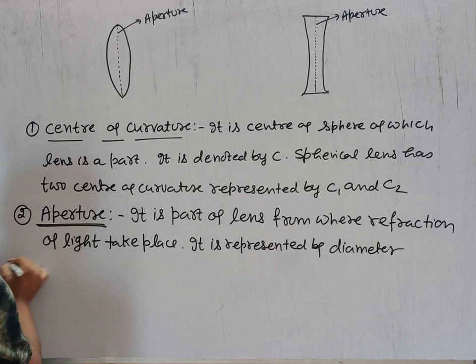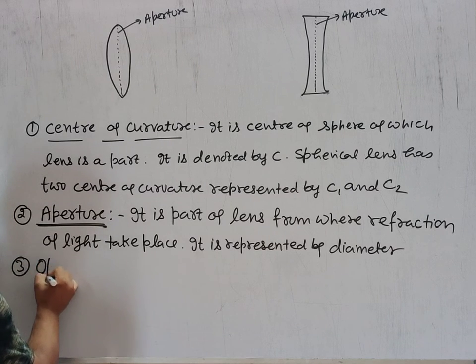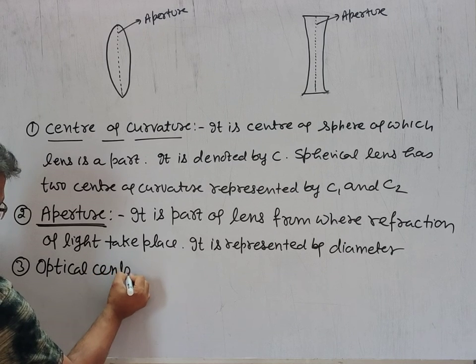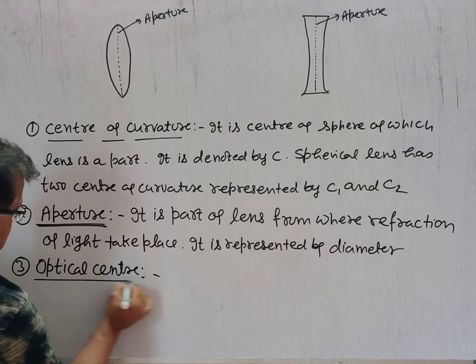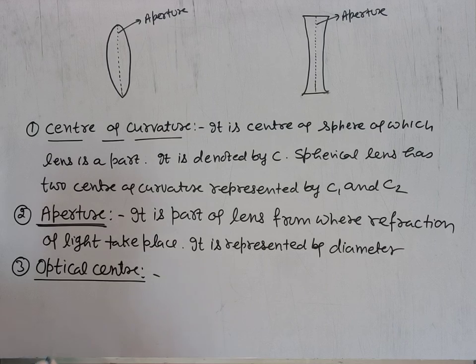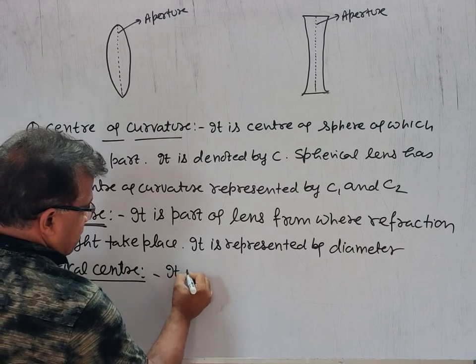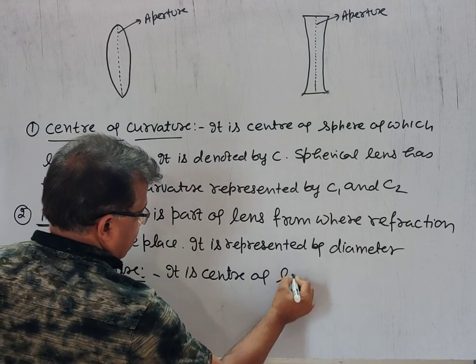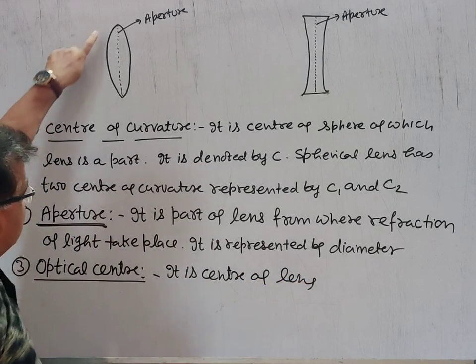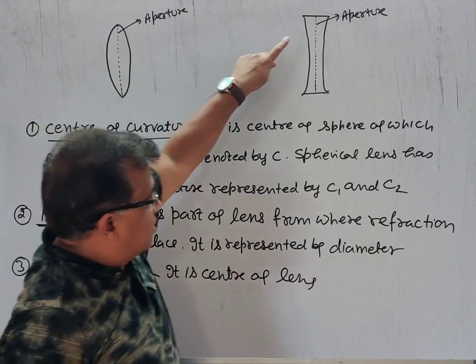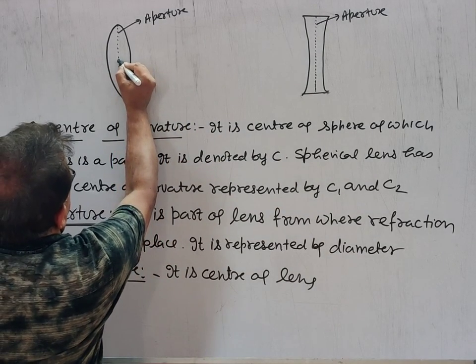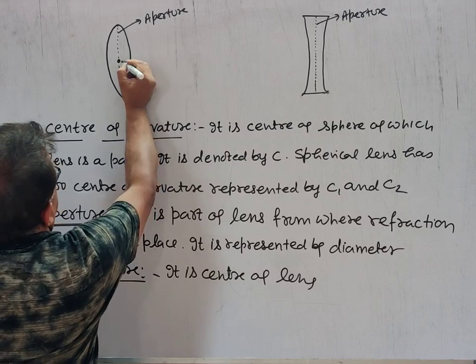Then optical center. It is the center of the lens. As I am telling, this diameter or straight line is considered as aperture, and in its center it is the optical center.